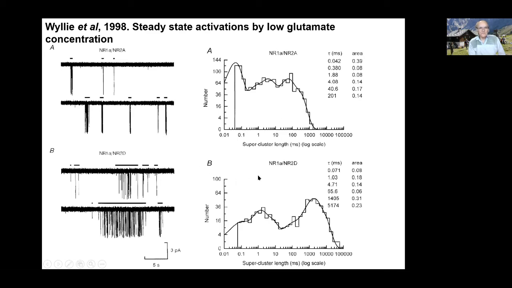With the NR2D subunit, the activations are much longer, with the slowest 2 time constants being 1.4 seconds, that's 31% of the area, and 5.2 seconds, which is 23% of the area. So the NR2D channel is very slow indeed, as is fairly well known.